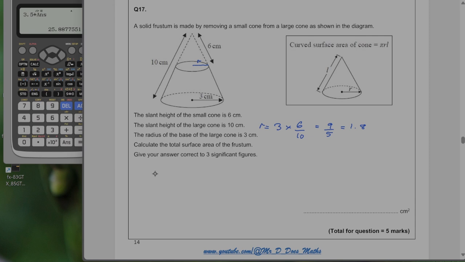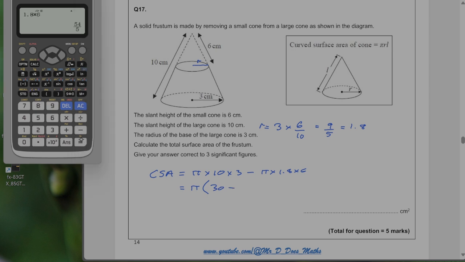Total surface area then, so the curved surface area is going to be equal to the curved surface area of the larger one, which will be pi times by 10 times by 3. From that, I need to subtract pi times by 1.8 times by 6. So I can take pi out, and that's going to be 30 minus 1.8 times by 6, minus 54 over 5.